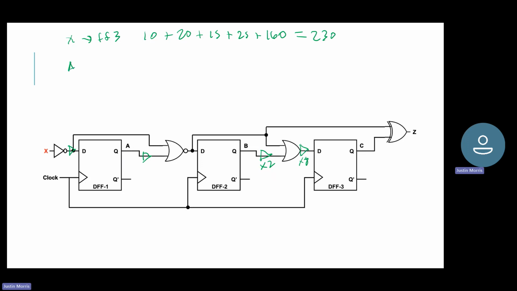Then we have A to flip-flop 3. So for A, we have 50 for propagation clock to Q. Now we have 20 for that buffer. And then the NOR is 15. The OR is 25. And we still have those 8 buffers at the end. So this is, yes, but what is it?